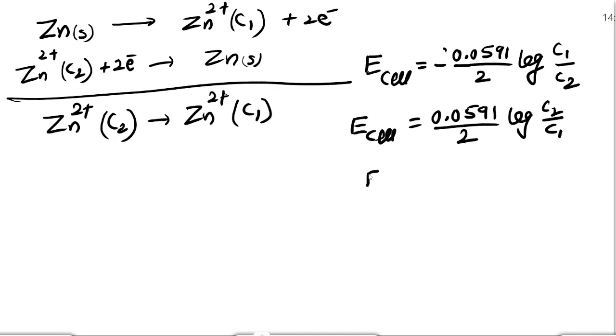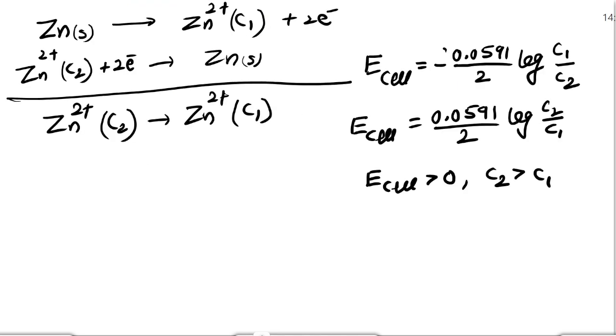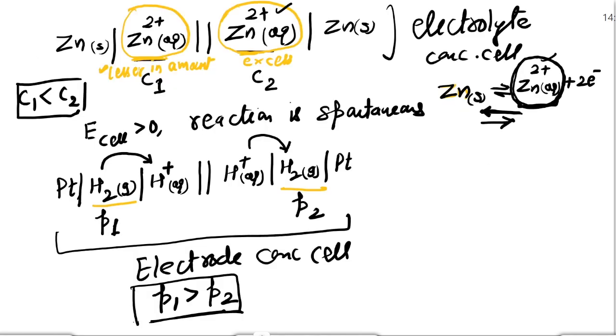So E cell is greater than 0 if C2 is greater than C1, or C1 is less than C2. So without writing, you can figure out that the one which is formed should be in less amount, and the one that is consumed should be in excess.